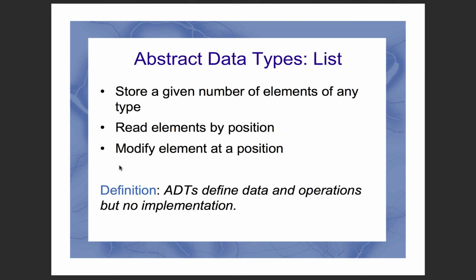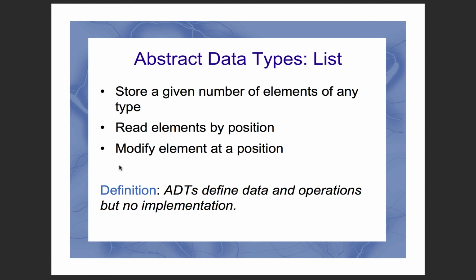This is an abstract data type example. If we talk about a computer science component or data structures component, which is an abstract data type, we can talk about the list. What is a list? A list is a data structure that keeps some data, and it keeps several data.